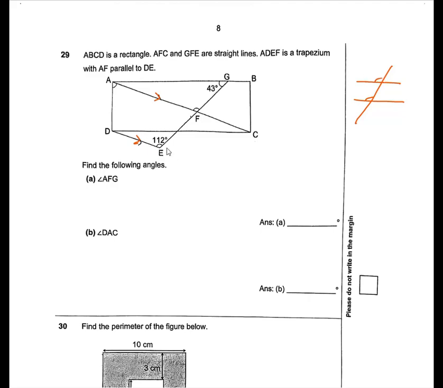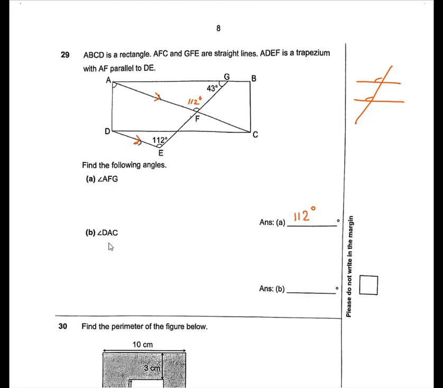Now when you take that concept here, AFC and DE are parallel lines, and EFG is a transversal line. So this is on the same side, on the top side, 112. This is also on the same side, the left side on the top side. So this is also equal to 112 degrees. So angle AFG is going to be 112 degrees.